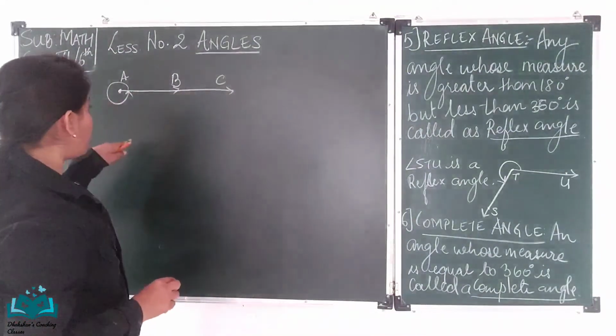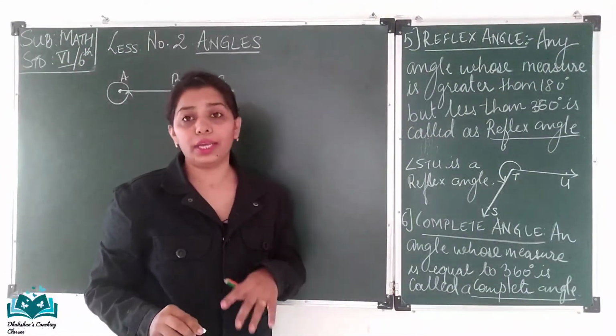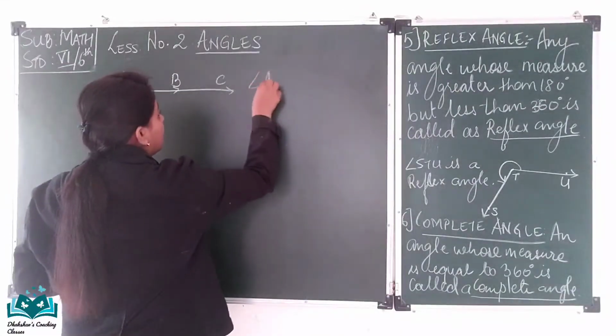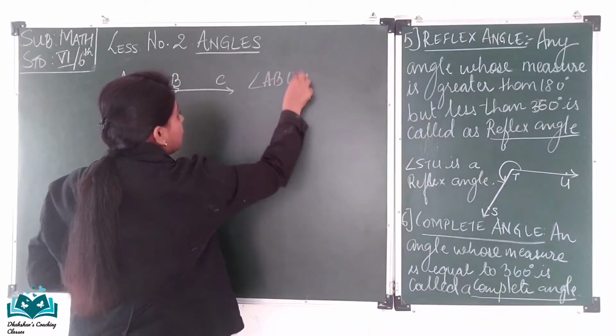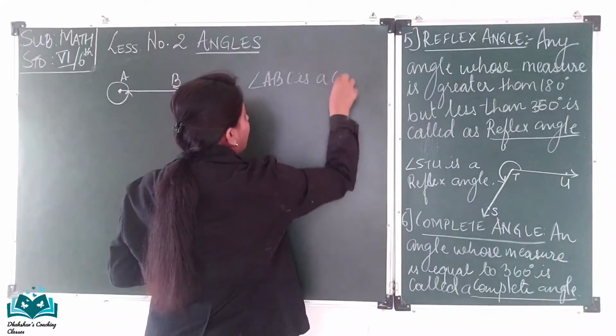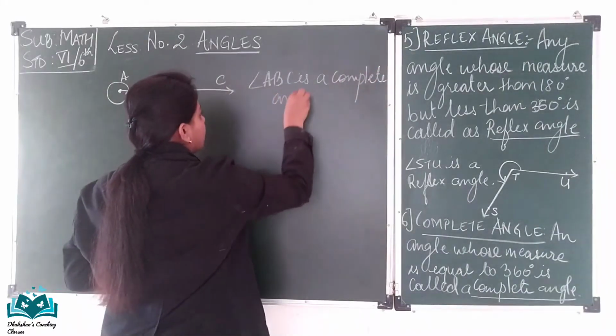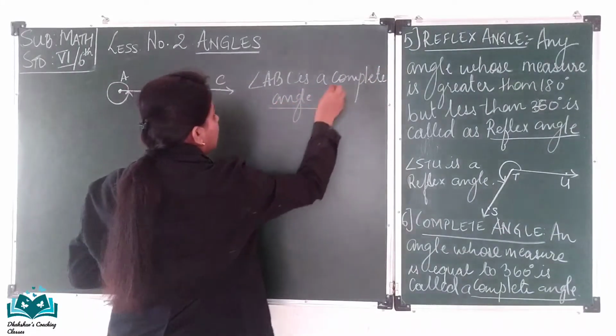It starts from A and ends on A. So, angle ABC is a complete angle.